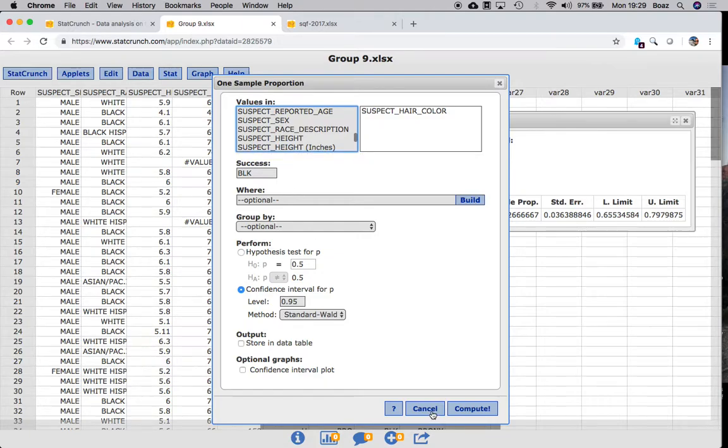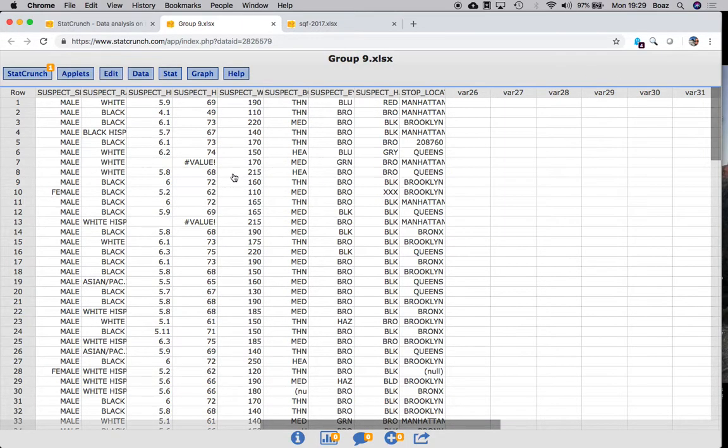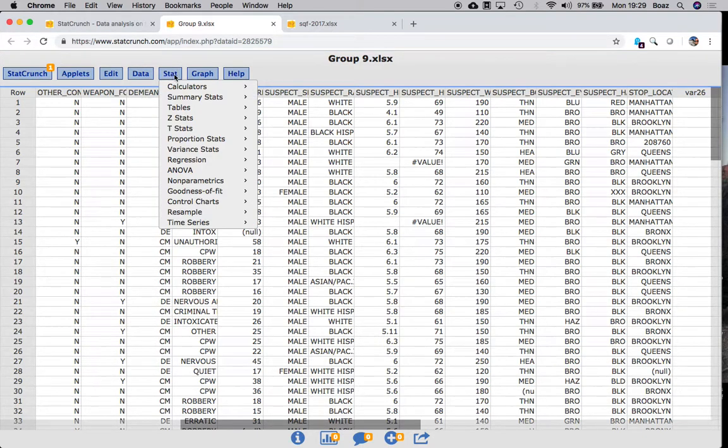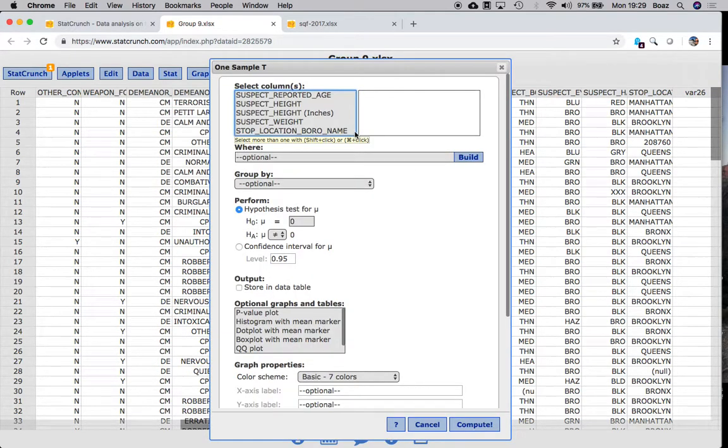In terms of looking at a one sample mean, let's say we want to look at people's mean, and again, I'm going to look at age here. You're going to look at weights and heights, but again, I do t-stats because we don't have the population standard deviation. So I do one sample with data, and let's say I look at suspect reported age, and we can do this individually.